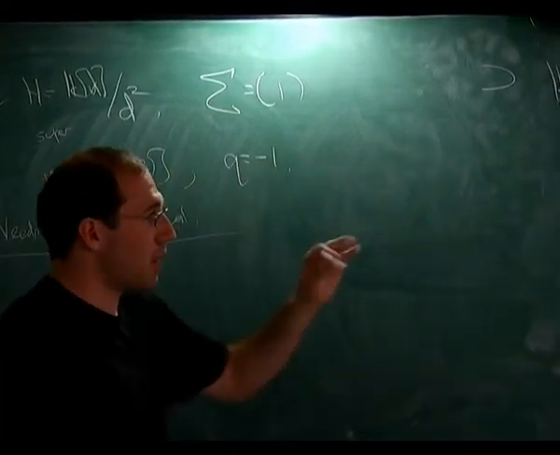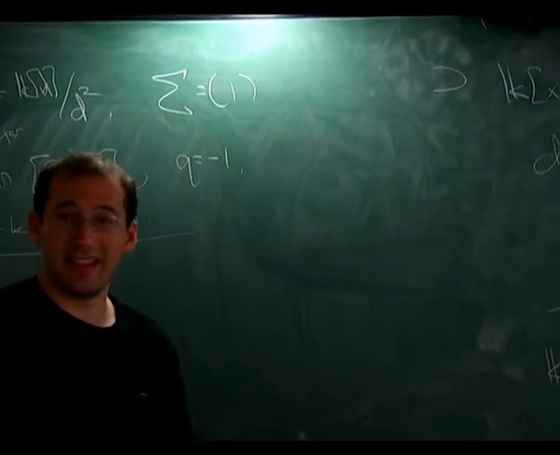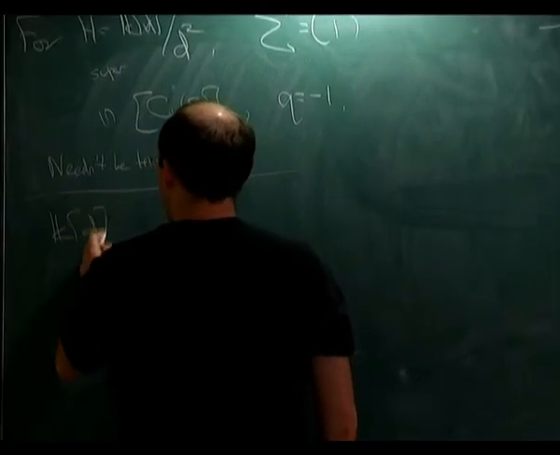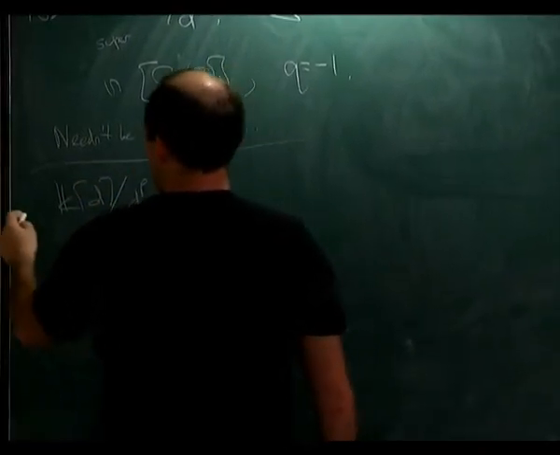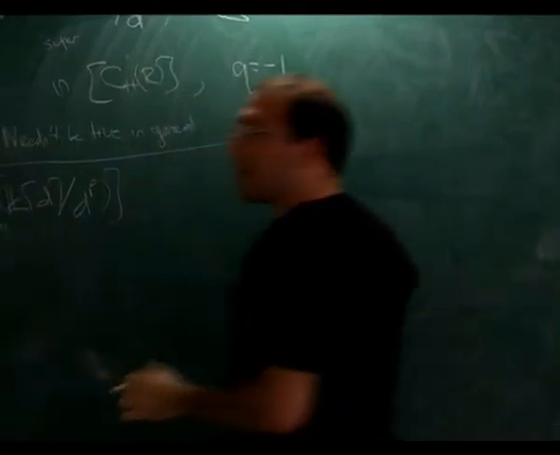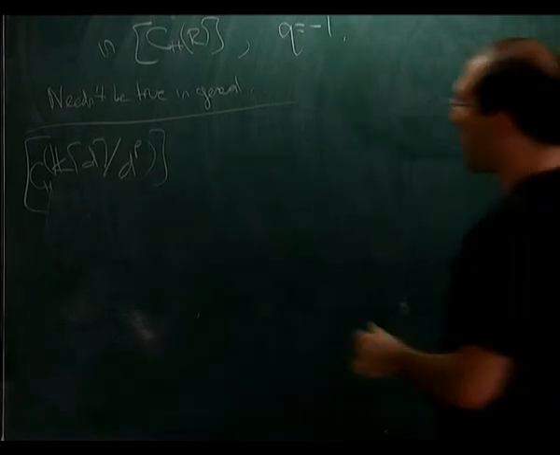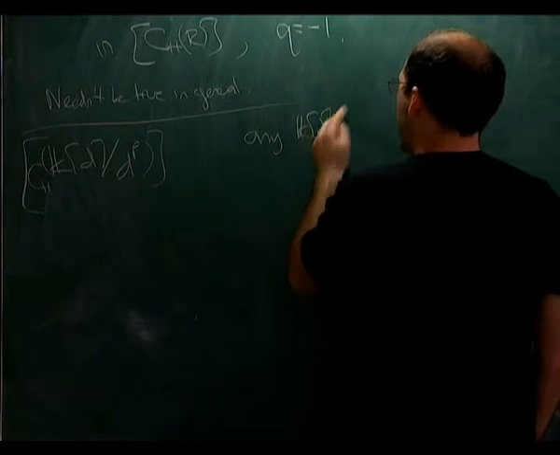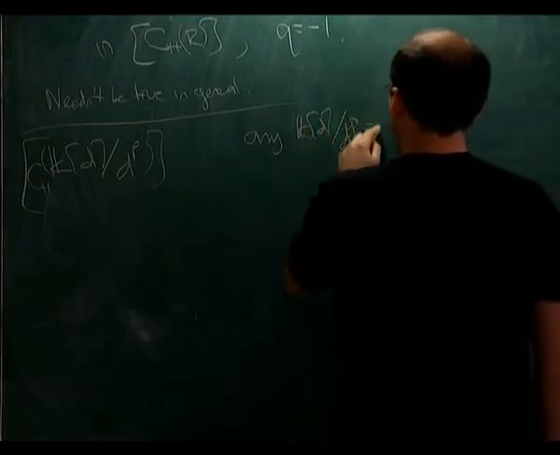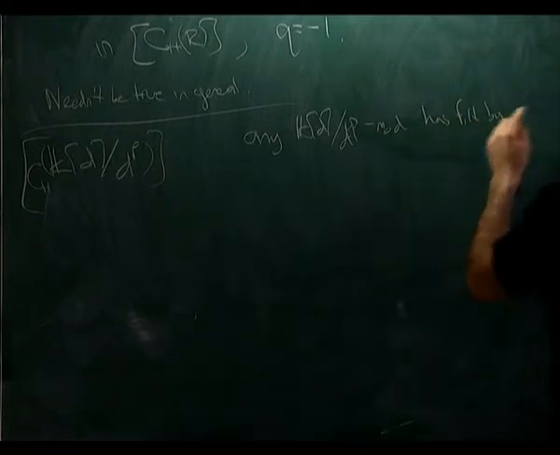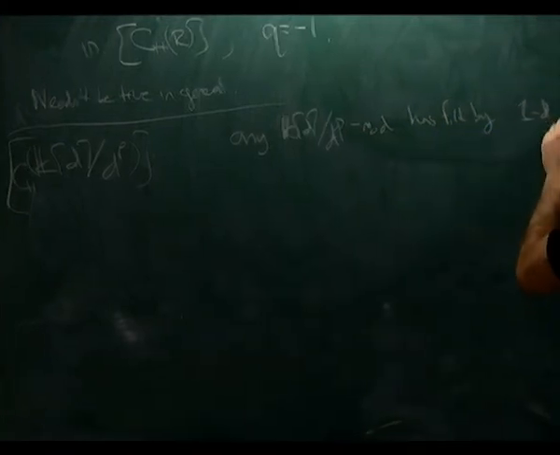Let's look at what happens for k[d]/d^p. Okay, for k[d]/d^p, let's just look at the Grothendieck group of its homotopy category. The point is that any k[d]/d^p module has a filtration by one-dimensional modules.